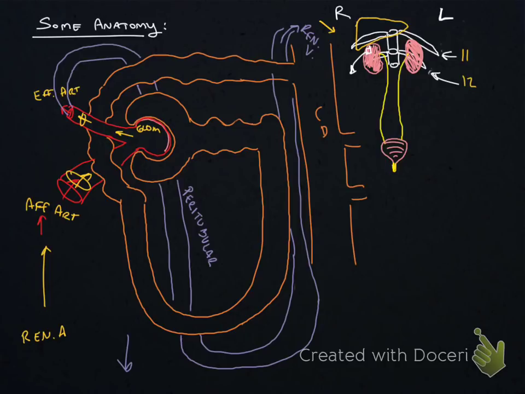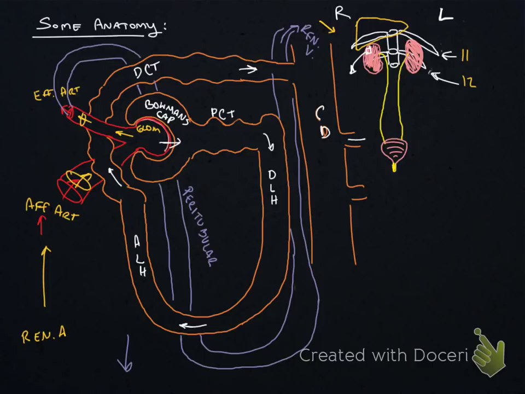So now what about the anatomy of the nephron itself? Well, filtrate comes from the glomerulus and ends up in the renal capsule, or it's called Bowman's capsule. Then it flows into the proximal convoluted tubule, then down the descending loop of Henle, up the ascending loop of Henle, and then to the distal convoluted tubule, and then finally it empties into the collecting duct here.